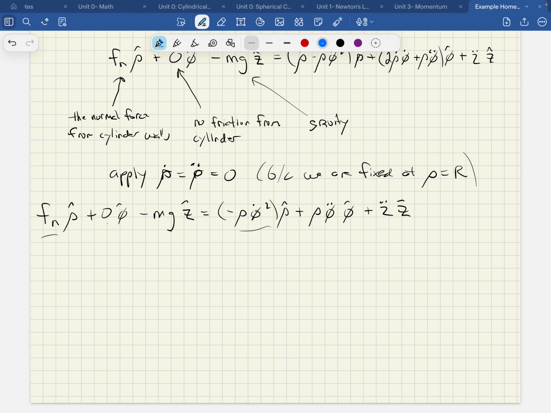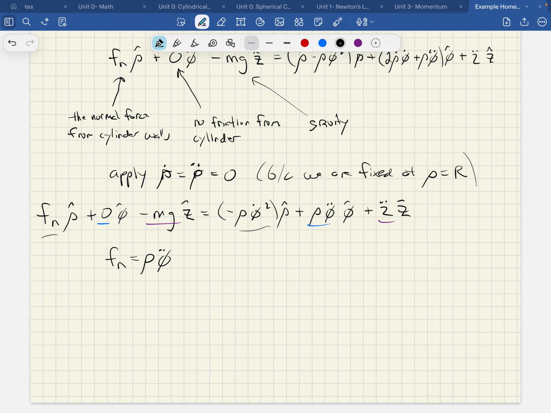Let's see, the phi parts need to be equal to each other, and the z parts need to be equal to each other. So in black, I have that the normal force has to equal rho phi double dot.